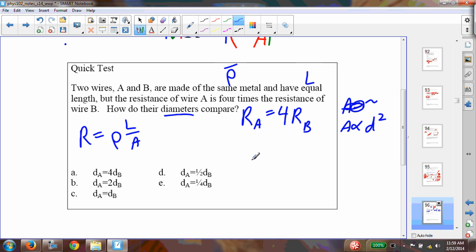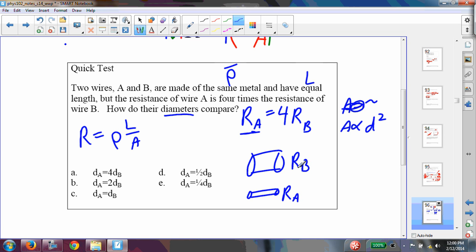So I want to know which one is A and which one is B. Here's my big wire and here's my little wire. Which one of those is A? That is, which one has the big resistance? Well, that's going to be the little wire, and the big wire is going to be wire B. So that means the diameter of A is small, so I can get rid of some of these answers.